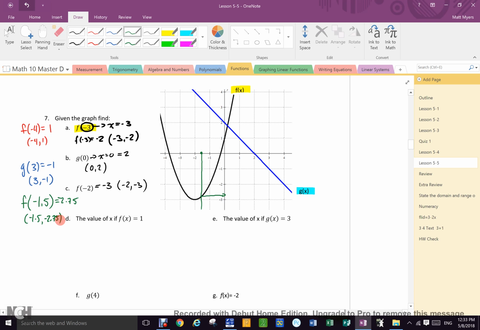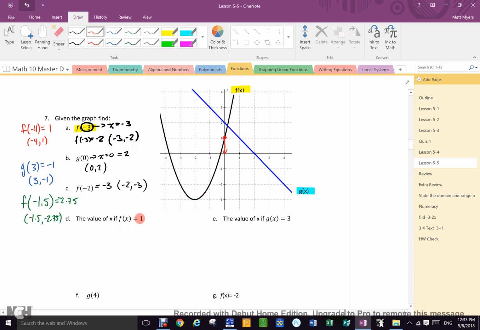Yes. Okay, what do you think happens in D? What's different? You go backwards. I go backwards. I know my output. Where do I find outputs? On the y-axis. So where do I go here? Up 1 to y equals 1. And now I find the x value. Am I already on the F curve? What is the x value? 0.